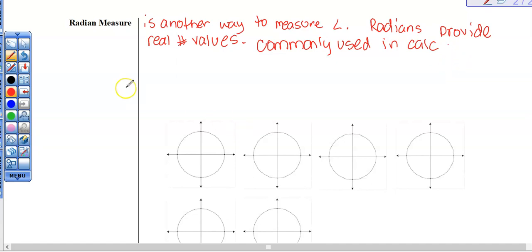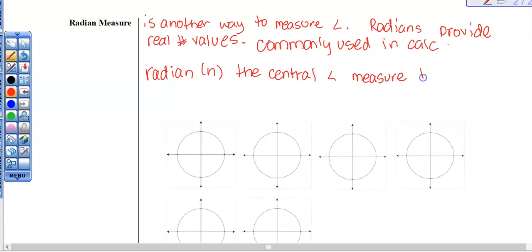So let's define a radian. What is a radian? What does it look like? So a radian defined, this is a noun. It's a thing. Okay. It's the central angle measure that I'm going to say encloses.